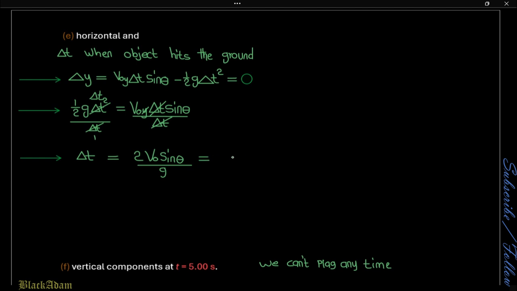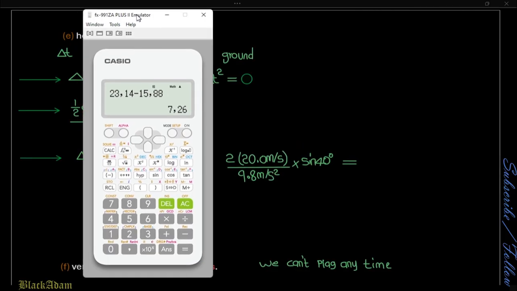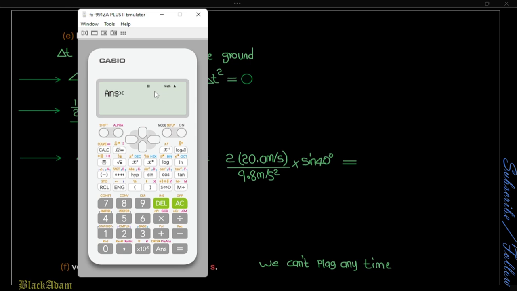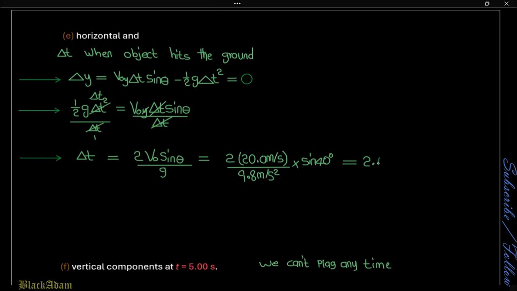That's 2 times 20.0 meters per second times sine 40 degrees, divided by 9.8 meters per second squared, which is 2.62 seconds.